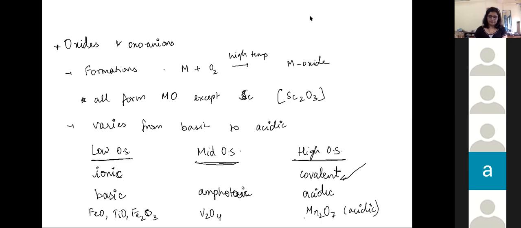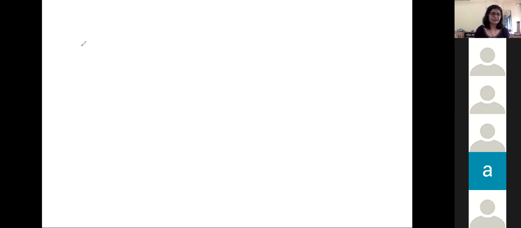And to show the basic, acidic, amphoteric property, we'll look at reactions of oxides of vanadium. V2O3 shows an outright basic nature. Its oxidation state is +3, and this is mainly basic.